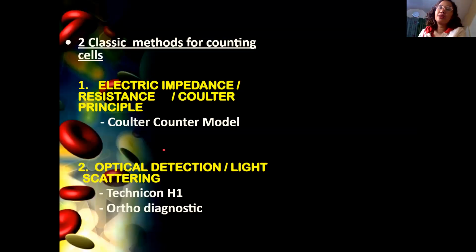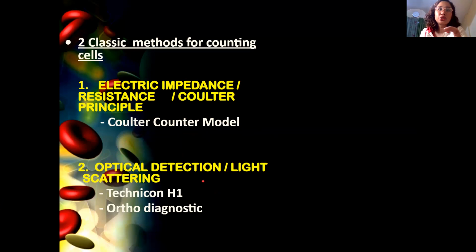So let's get to know your analyzers further, okay? So your analyzers could have two classic methods. Either it would have electric impedance or electric resistance or Coulter principle. And yung mga equipment, we call it a Coulter counter. At merong light. Yung isa electric, yung isa light.